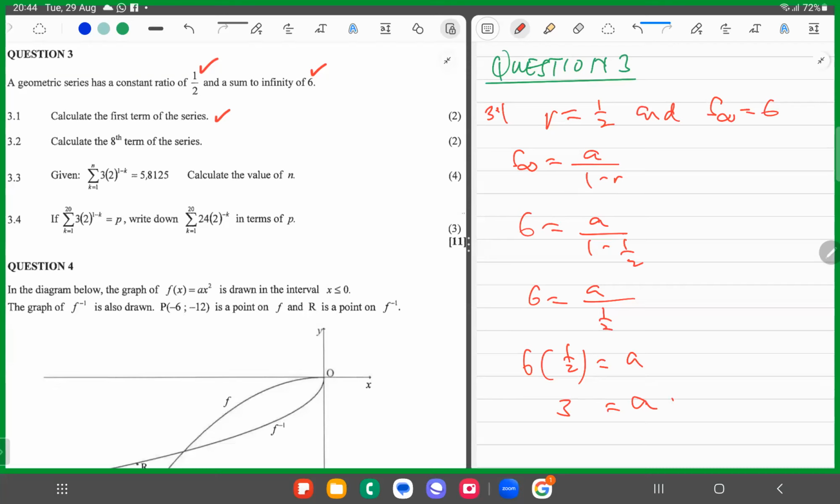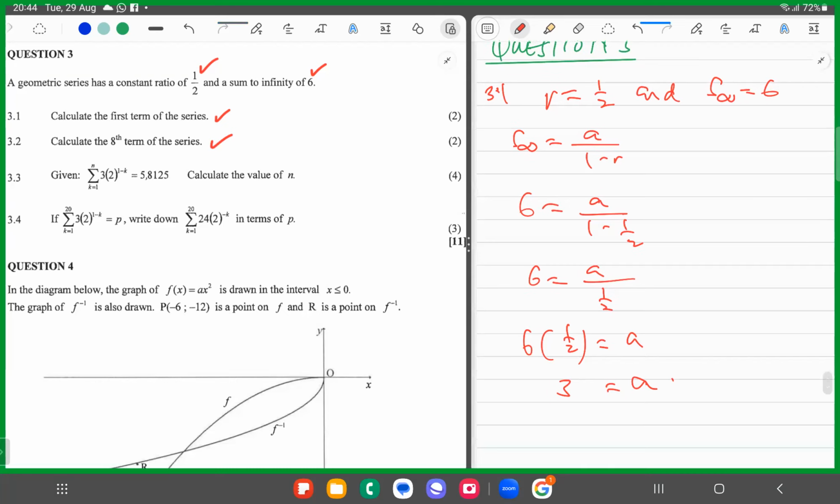Right, so now we found the first term. The first term is A, and we found that the first term is 3, using the sum to infinity formula.